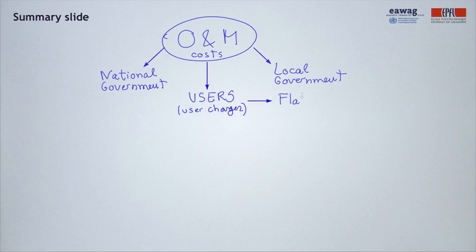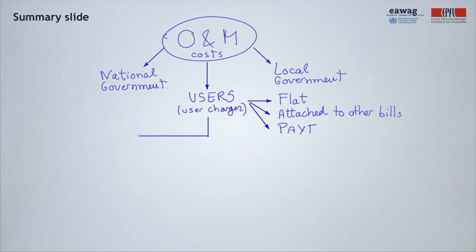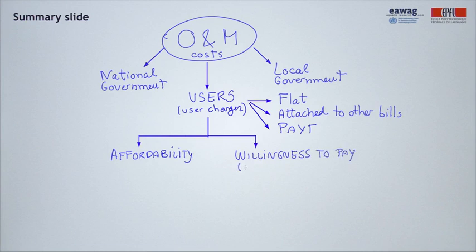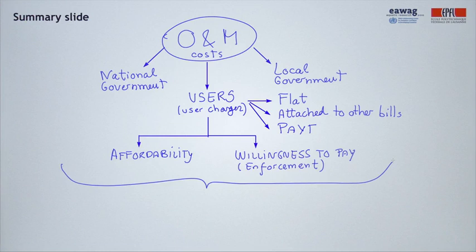These can be flat, combined with other utility bills, or to the amount to be disposed, also called pay-as-you-throw. Regarding user charges, there are 2 important aspects to consider: the affordability of the charges and the willingness to pay and possible enforcement mechanisms. And finally, the cost recovery aspect is also very important, and this should be established once all the previous aspects are known.